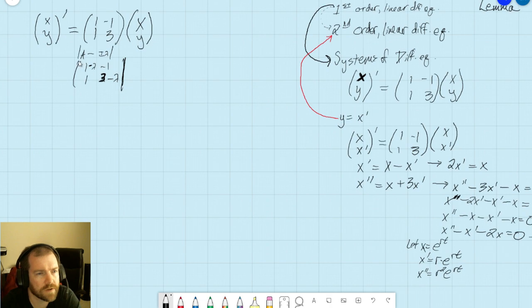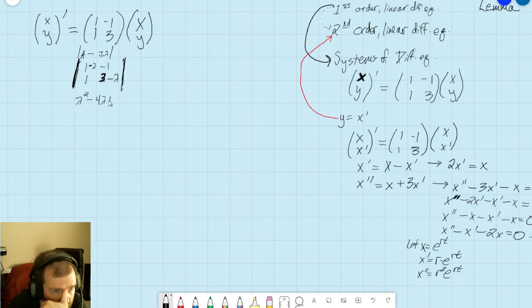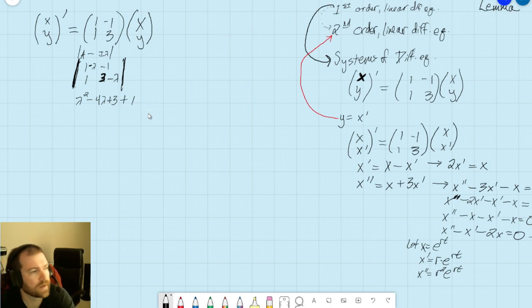We want to take the determinant of this. The product of these two things is lambda squared minus 4 lambda plus 3, and this is minus a negative, so plus 1. Yep, that works fine. Equals 0.